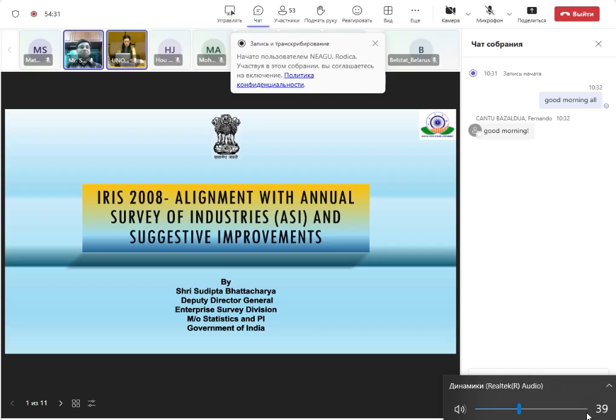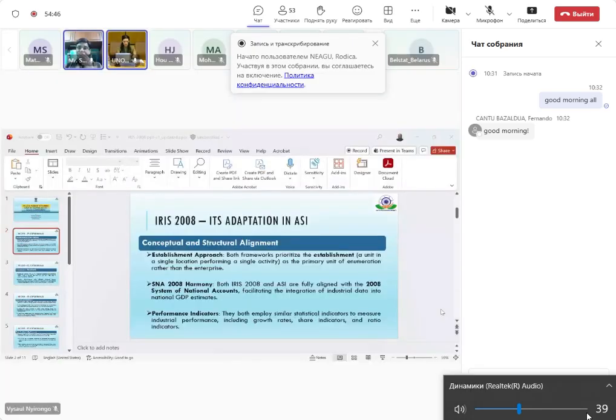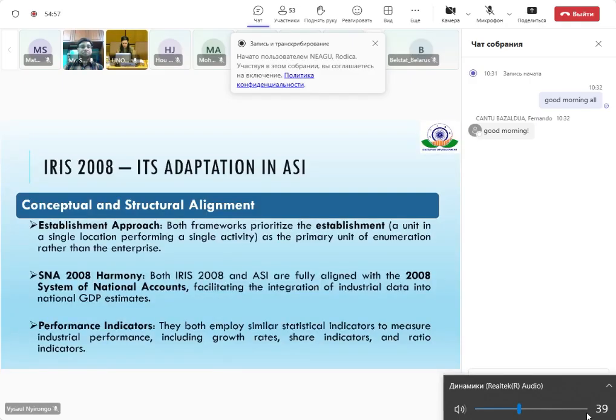Sorry, Sudipta, we cannot see the next slide. Okay, give us a moment to share the presentation from here, and then we can move the slides. Okay, you can continue.